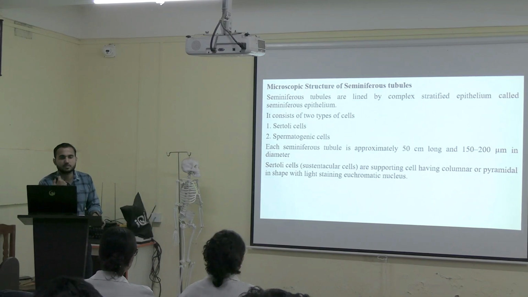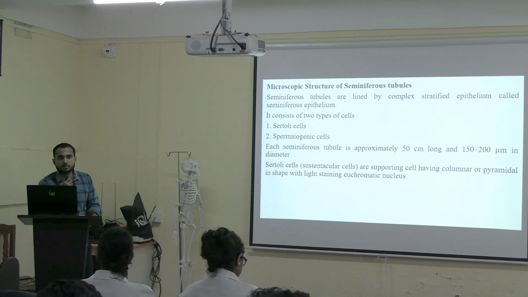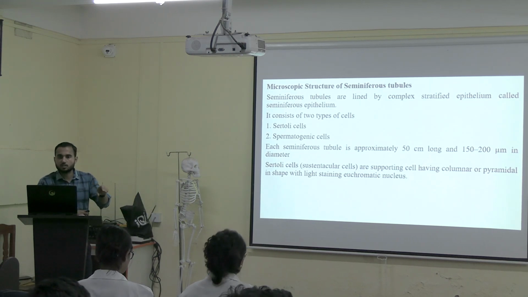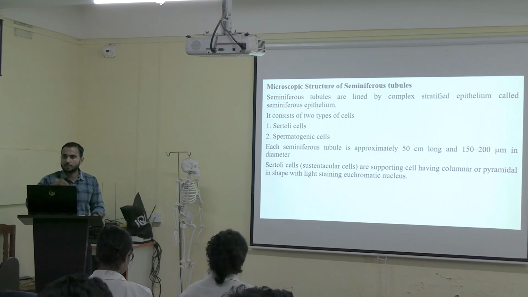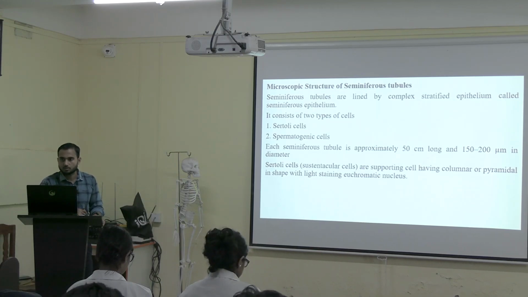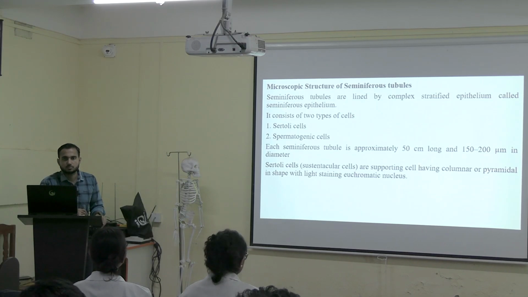What is the meaning of stratified? Means multiple layer. Okay. That means if you see the interior of seminiferous tubule, you can see multiple layers of cells. Can anyone tell me why multiple layers of cells can be seen inside the seminiferous tubule?